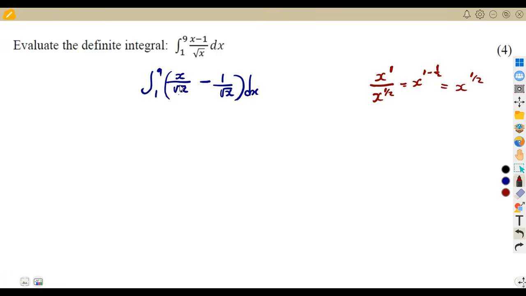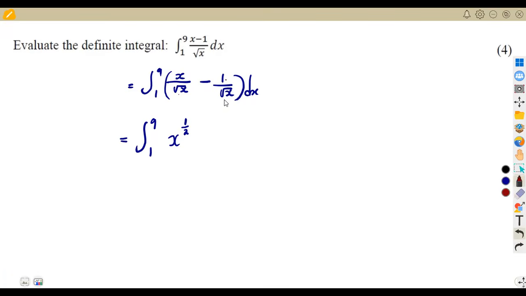So by just simplifying this whole part, we are going to have x to the exponent of a half, with our limits. The same thing applies to this other part that we are having.